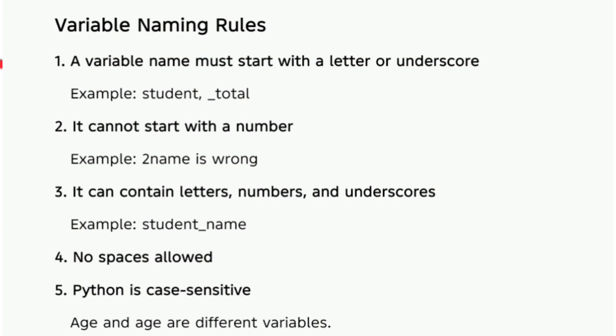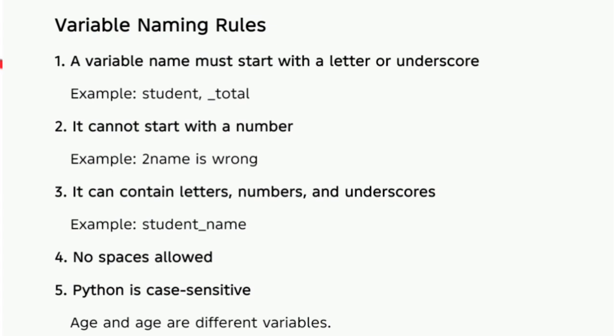Rule number 3, a variable name in Python can contain letters, numbers, and underscores. So you can create a variable name using a combination of letters, numbers, and underscores. For example, we have a variable called student_name.